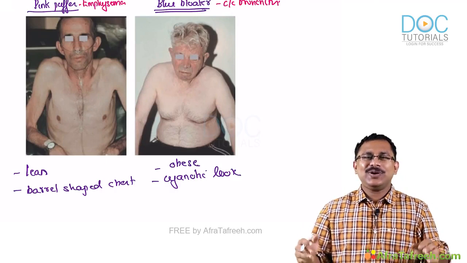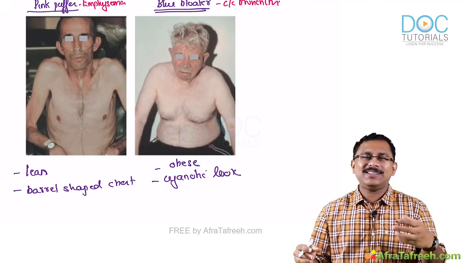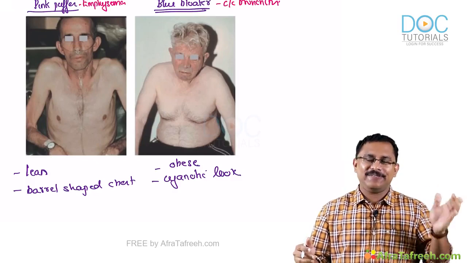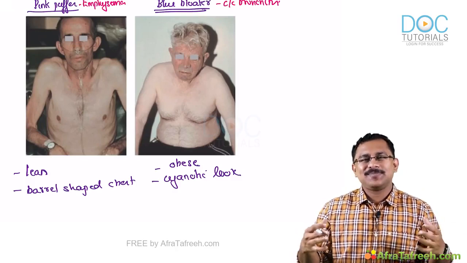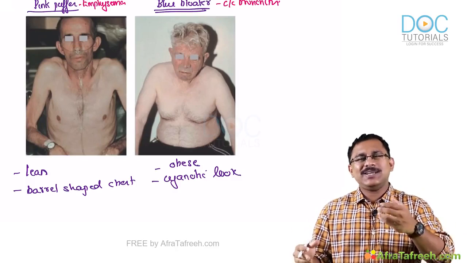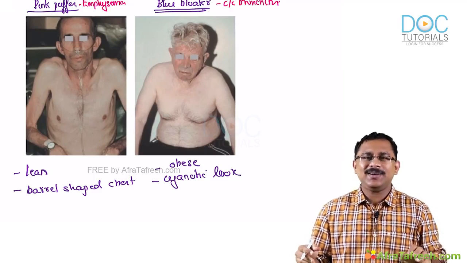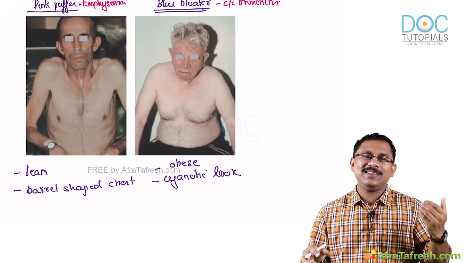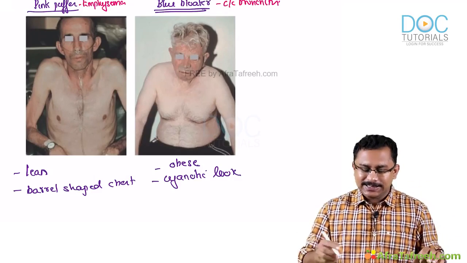In this particular individual, the systemic inflammation component is not that prominent. It is more prominent in emphysematous change, but here the individual will be slightly obese. Obese probably because his activities of daily living are very much limited. The other one, it is probably the systemic inflammation contributing to his leanness.